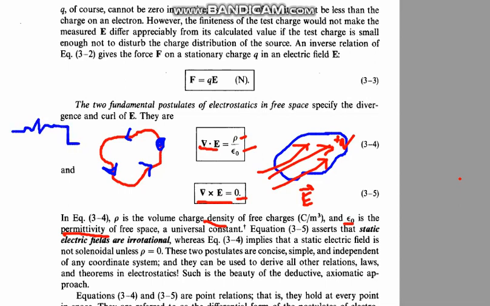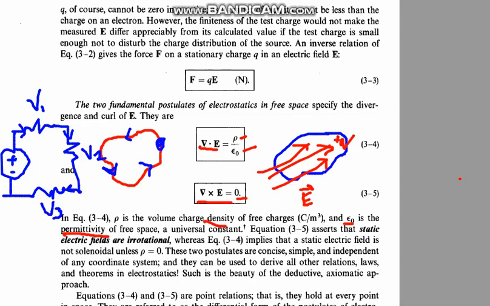If there are voltage drops in different parts using resistors, it is similar: the voltage drop here, the voltage drop there, and the voltage drop here, all will be equal to the source voltage or EMF, as you know.